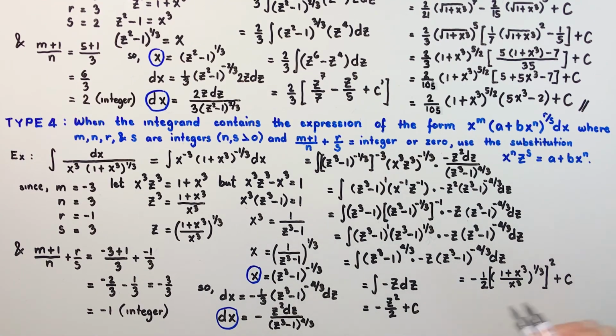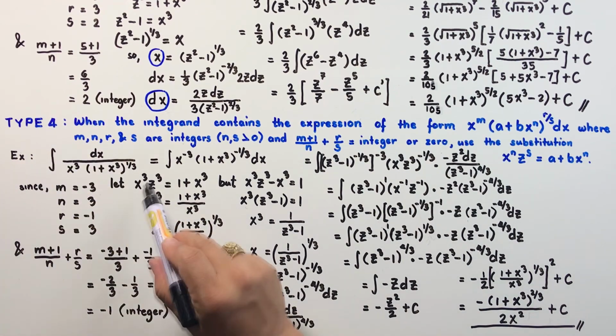So we have negative of 1 plus x cubed to the power of 2/3, because when 1/3 is multiplied by 2, the product is 2/3, but this is divided by 2x to the power 2, because x cubed when raised to the exponent of 1/3, the result should be x, but x should be raised to the exponent of 2. That is why we have here x squared. And this is our answer for this example here.